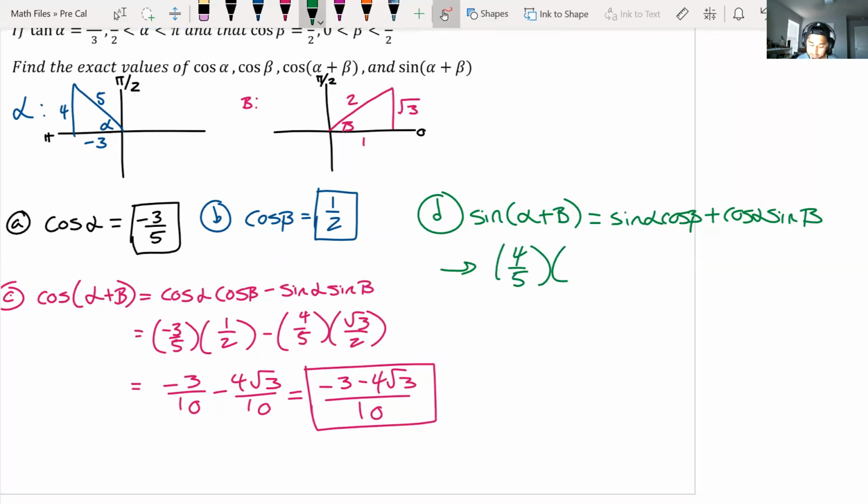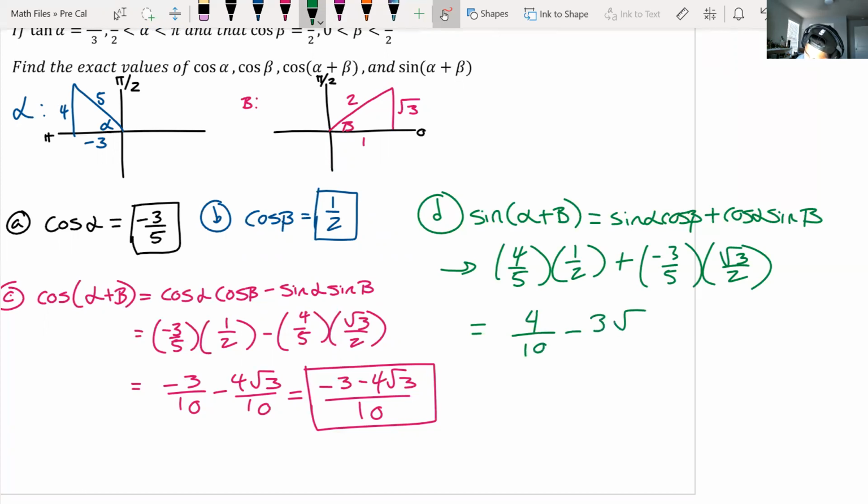What is cosine of beta? 1/2. Plus, what's cosine of alpha? Negative 3/5. And what is sine of beta? Radical 3/2. There you go. All right. 4/10 minus 3 square root 3/10. So 4 minus 3 square root 3 over 10.